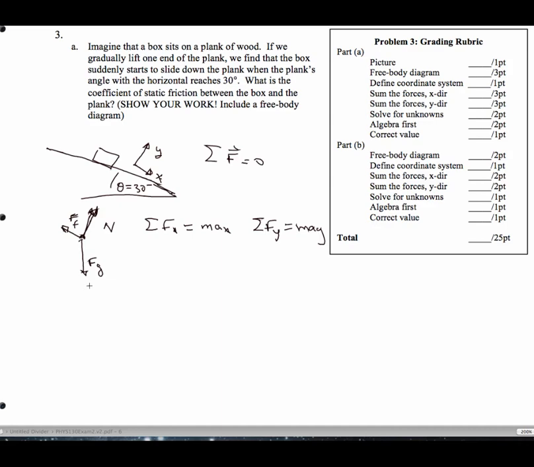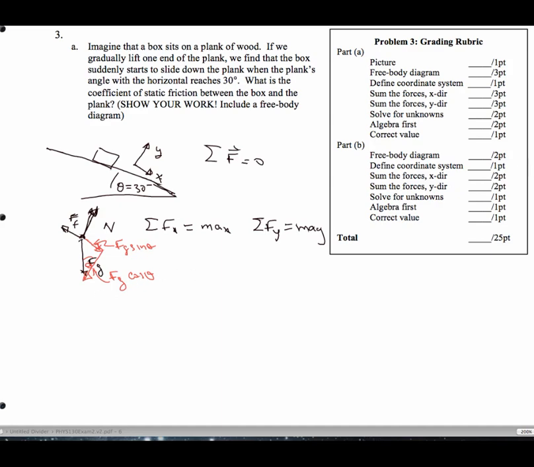Force of gravity is not in either the x or y. Normal is in the y, force of friction is in the x. So we need to break gravity into its components. It's got a component down the plane and a component into the plane. This side is force of gravity times cosine theta, because here's theta right in there. And this guy is force of gravity times sine theta.